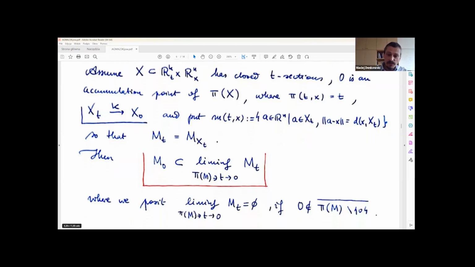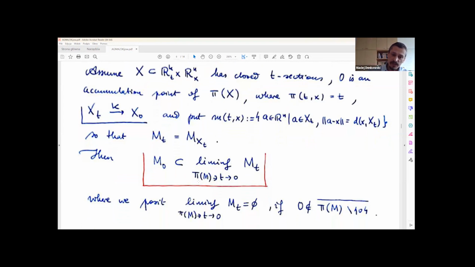Of course, here there's one thing that we should be aware of. M is the union of all the M_t, right? Above each t we have M_t, and we take the union to get a set in the Cartesian product, right?